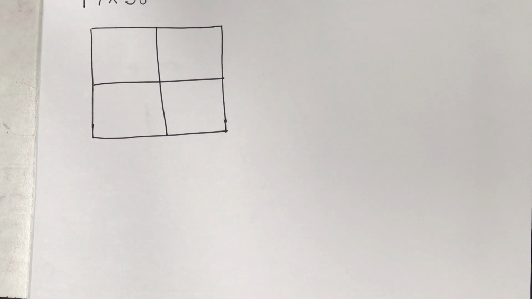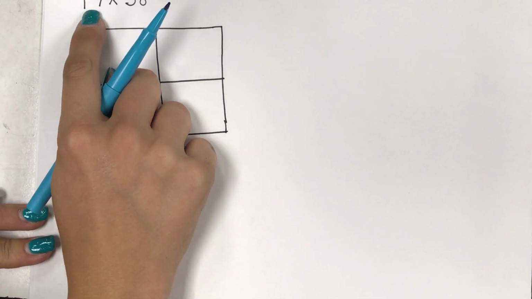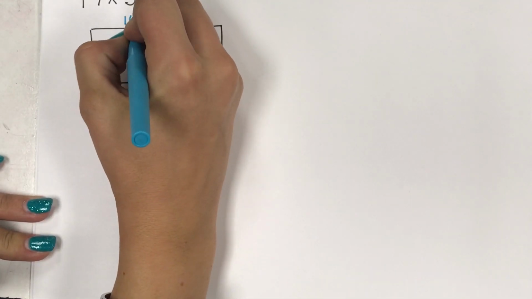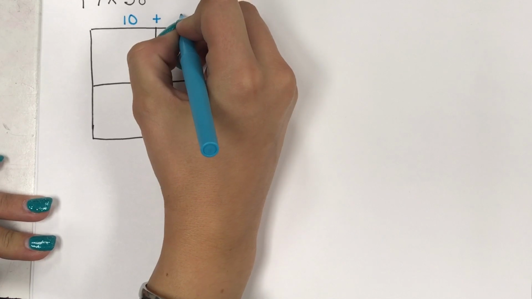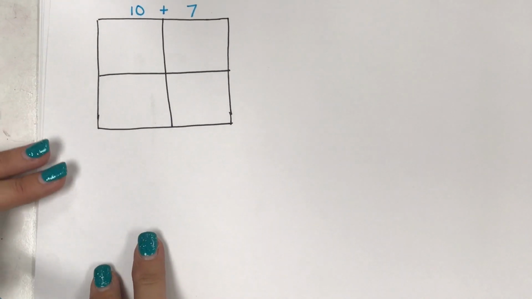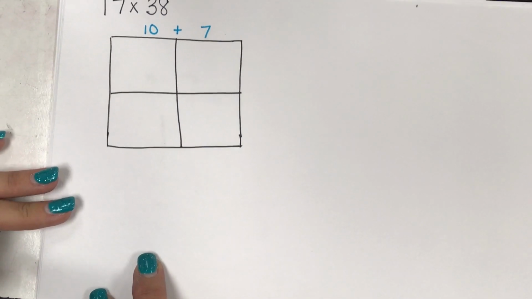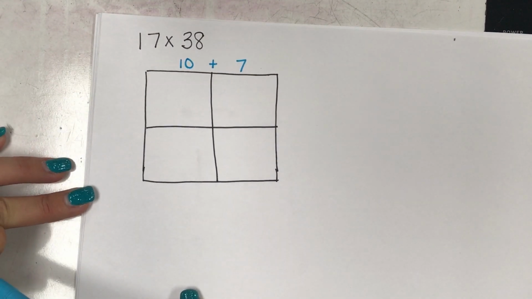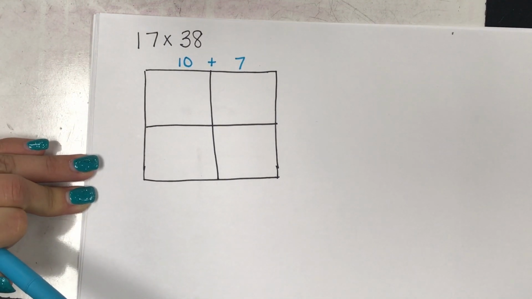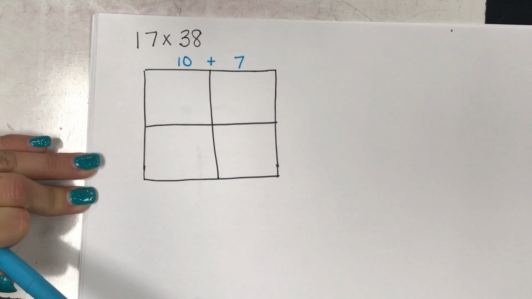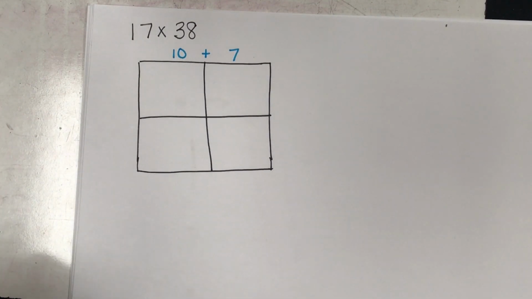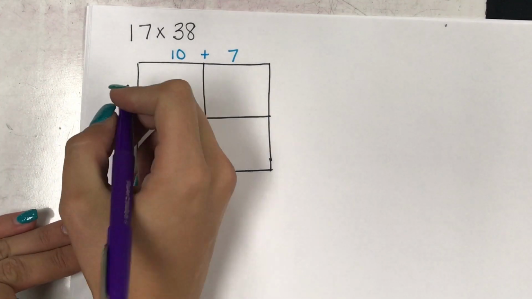All right, so I'm going to take this 17 and break it up into expanded form, which would be 10 plus what? 7. After I've split 17 into 10 plus 7, I'm going to take 38 and split it up. How would I split that up? 30 plus 8.